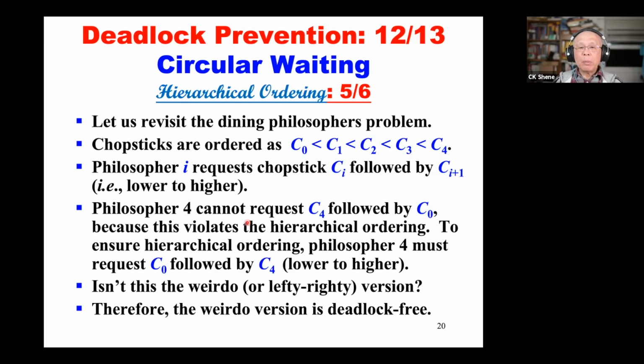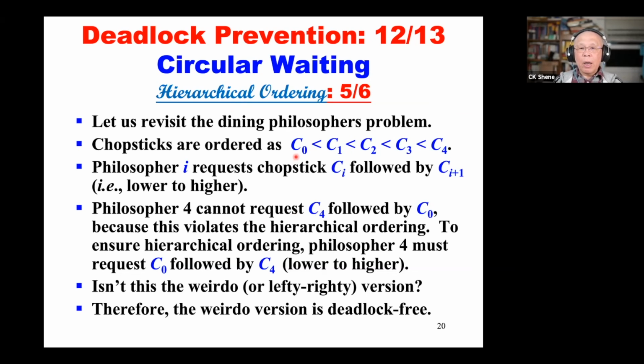But the problem is, for philosopher 4, we may have a problem. If philosopher 4 gets his left followed by his right, we violate the hierarchical ordering, because if philosopher 4 gets C4, the highest one, he cannot go back requesting a lower one.